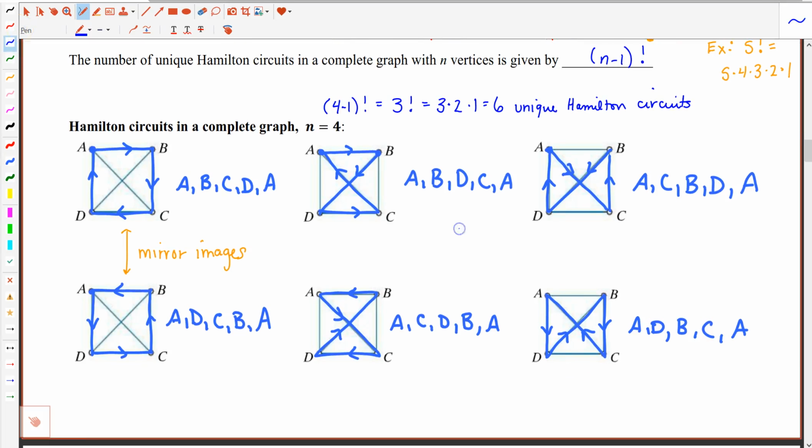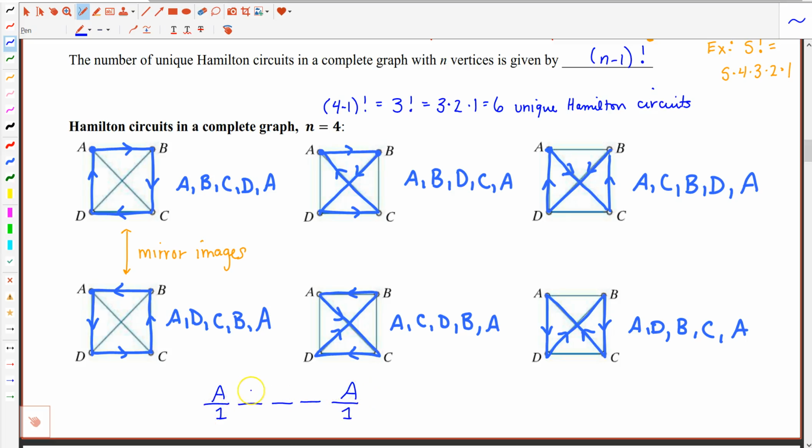So one way to remember what's going on here is that we're going to lock in that starting vertex. On all of these, I said I'm going to start at A. Now I have to go to all the other vertices in the graph, so I have 4 vertices, and then I'm going to have to come back to A. Another way to remember this counting argument: if I'm going to start and end at A, I only have one choice there.